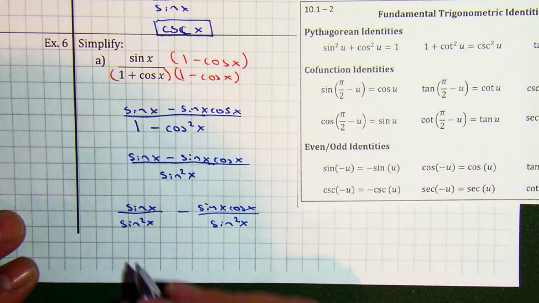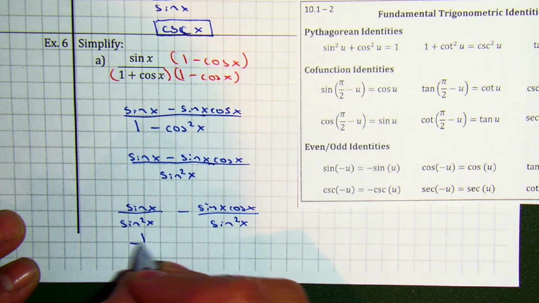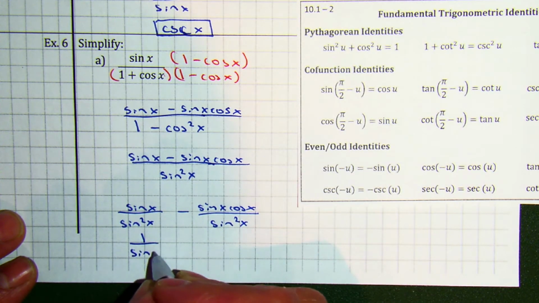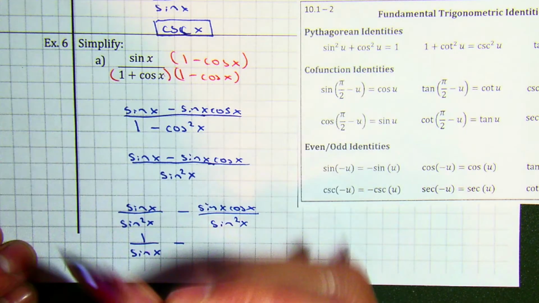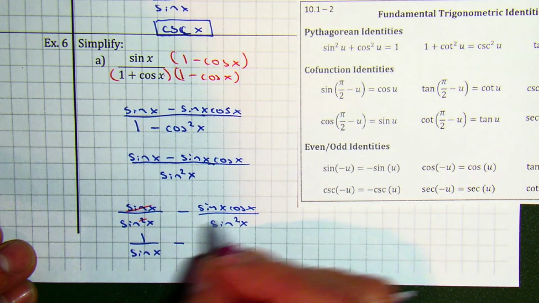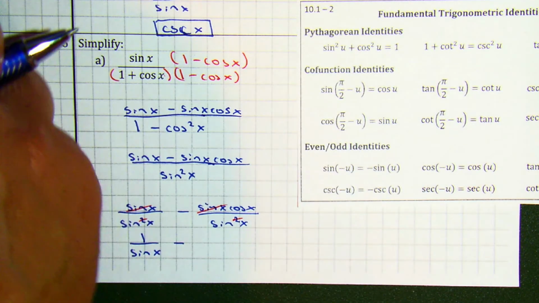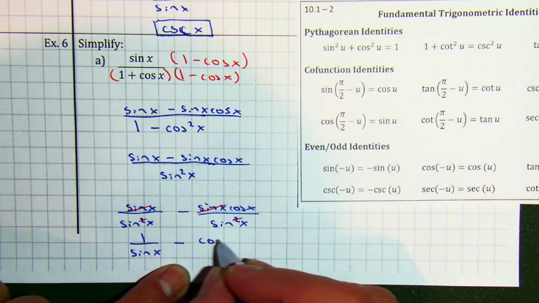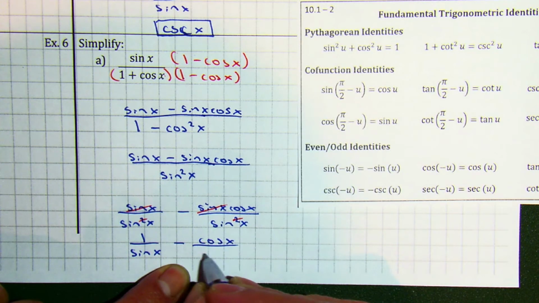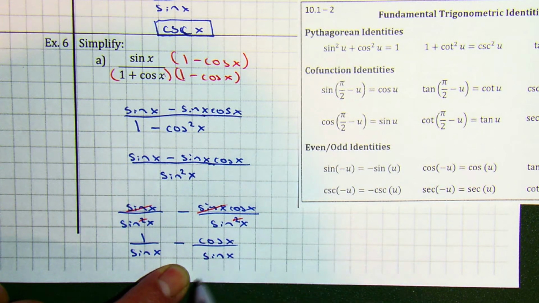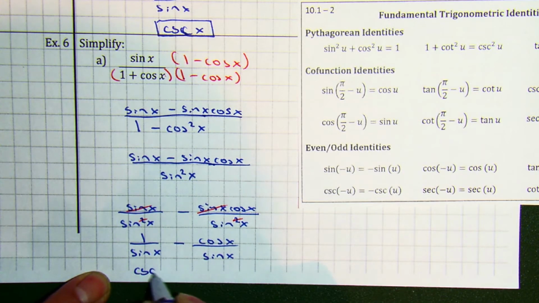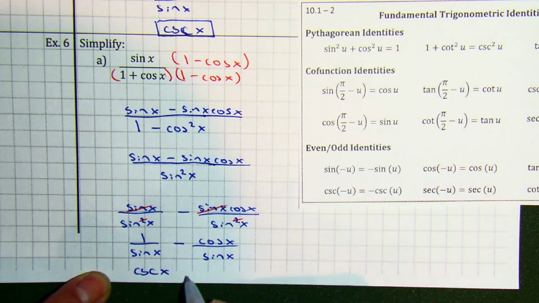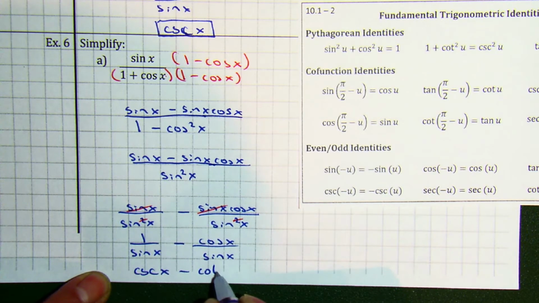And now I can simplify. It gives me 1 over the sine of x minus, one of the sines cancels here, and one of the sines cancels here. So I end up with cosine of x over sine of x. And 1 over sine of x is cosecant of x, and cosine over sine is cotangent of x.